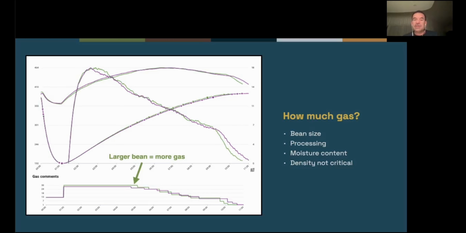That is not density, that is bulk density. And bulk density is affected by how well the beans fit together. So the size and shape of the beans affect the bulk density.